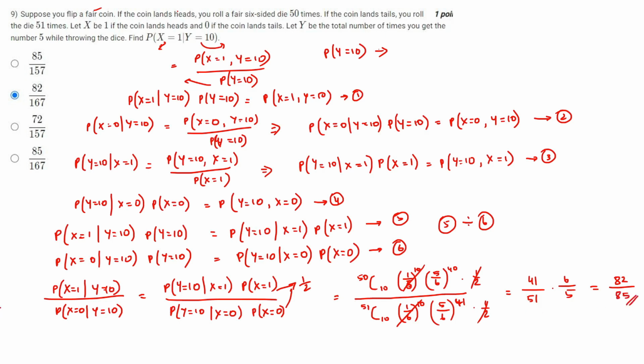So we have to find out P(X=1 | Y=10). That is nothing but 82 by 85 into P(X=0 | Y=10).